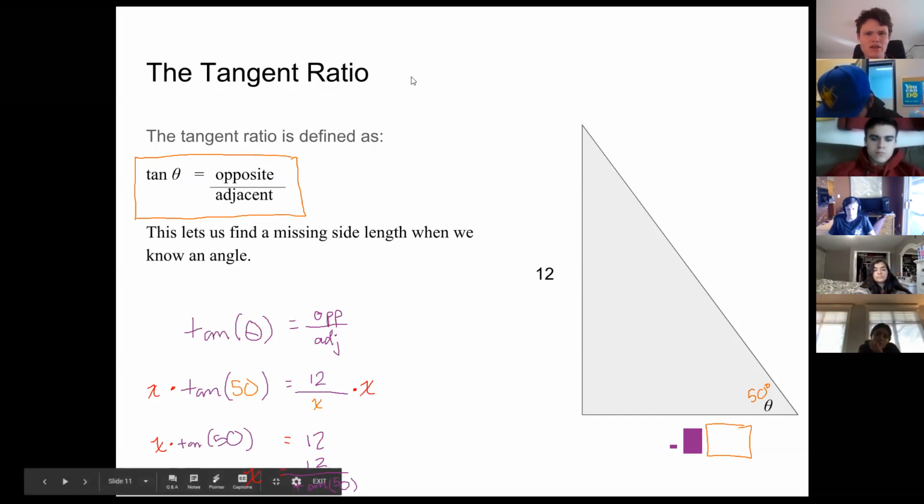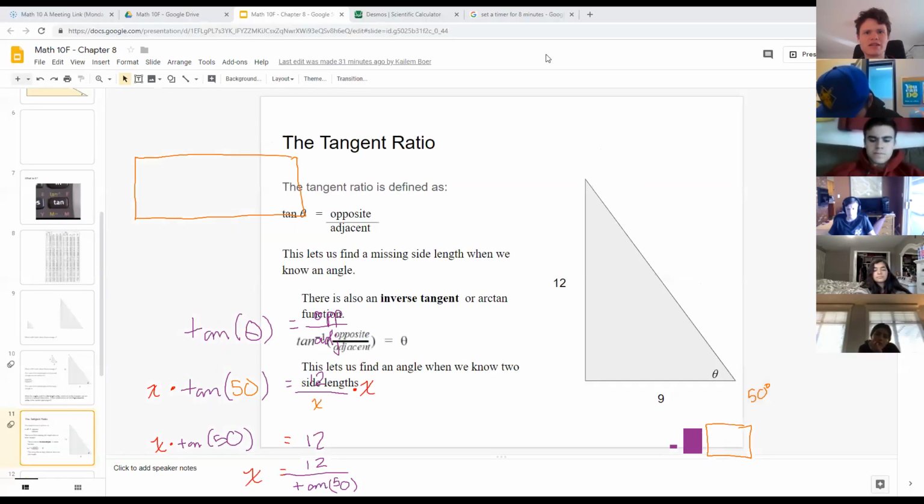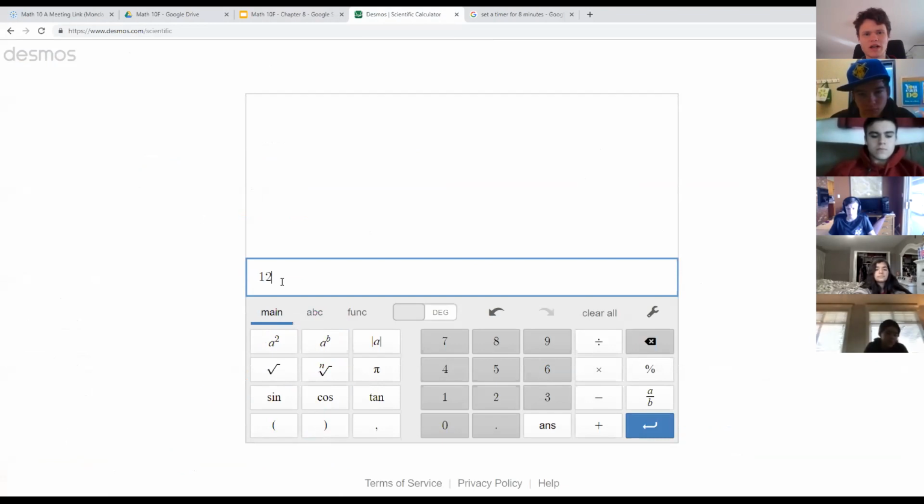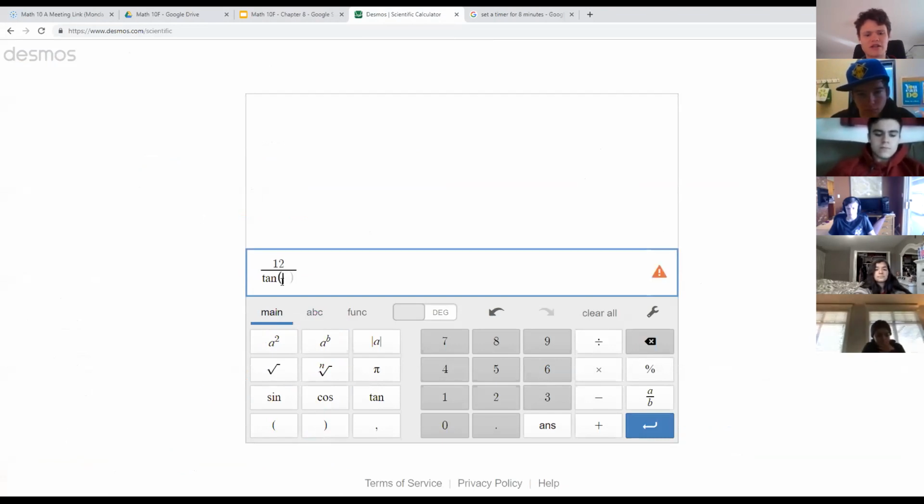But what we can do now, folks, is open up our scientific calculator here. We have to go 12 divided by tangent 50. There we go. And we get this number, 10.07, okay? About 10.07.